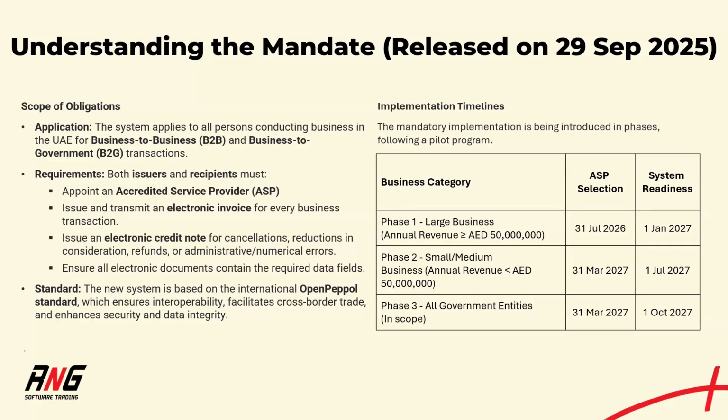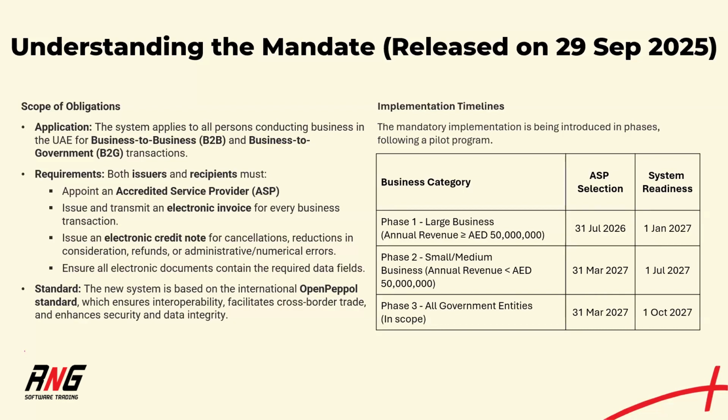Now, phase two, small and medium businesses whose annual revenue is less than 50 million, they have time till 2027, wherein they need to select an ASP before 31st March 2027, and their system should be ready by 1st July 2027. Phase three is all government entities, which is 31st March 2027, and their system readiness by October 2027.